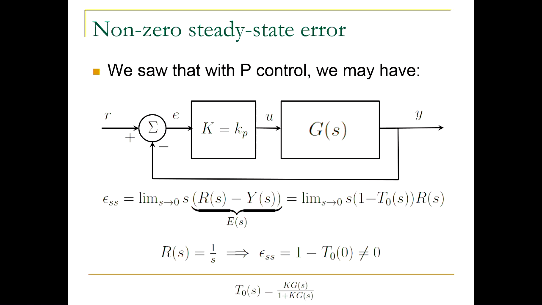So note, if you are using in your design some model for G, but then your true system has a different G, then the T0 that you calculate using the model would be different from the T0 that you need to make the steady state error 0. So note that this design is also not robust to plant uncertainty. If there are some errors in the model, that would again give you non-zero steady state error.